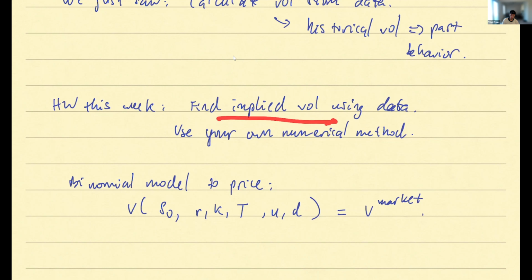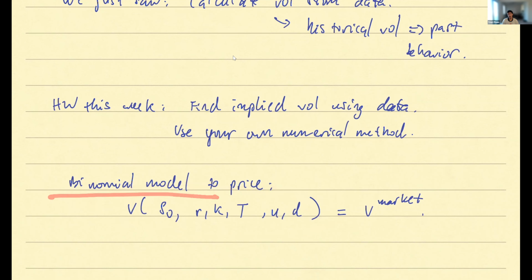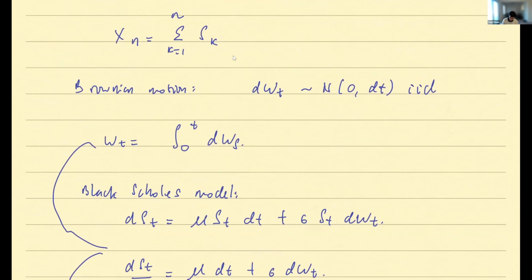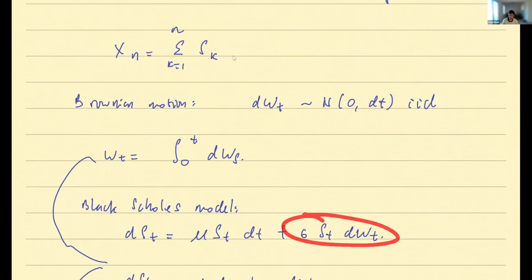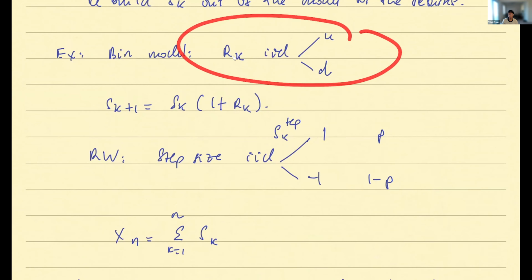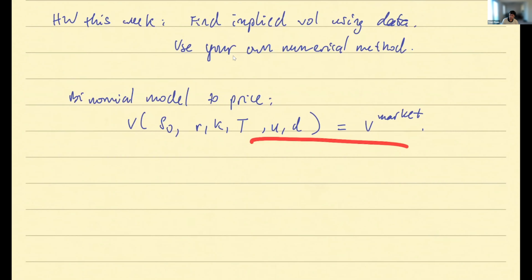So in other words, where is volatility in the binomial model? How do you find it? Notice the benefit of Black-Scholes is that sigma is baked into the model. But in the binomial model, you don't have sigma, you have u and d. So how do you get sigma out of this, if we use the binomial model to price?